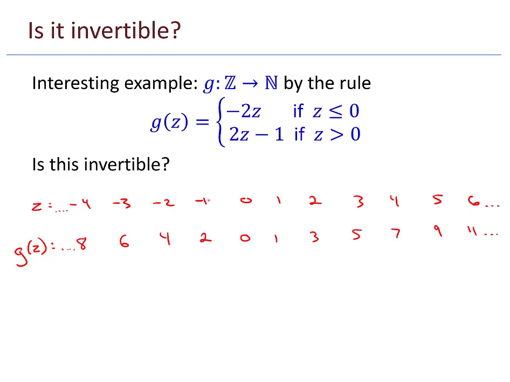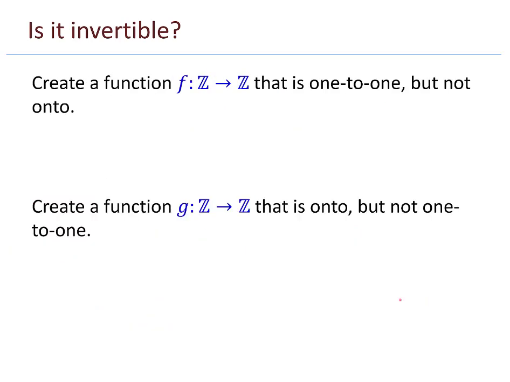In fact, 2 different integers will get mapped onto 2 different natural numbers. And from the bottom, it looks like every natural number is the result of some mapping. So since this function is one-to-one and onto, it is an invertible function. So even without exhibiting the inverse function, as long as I know that it's one-to-one, check, and it's onto, check, then yes, indeed, this function is invertible.